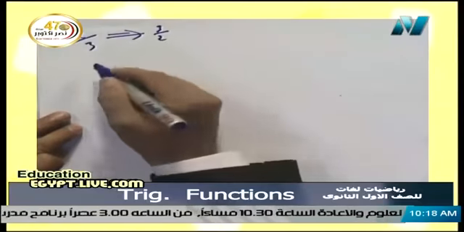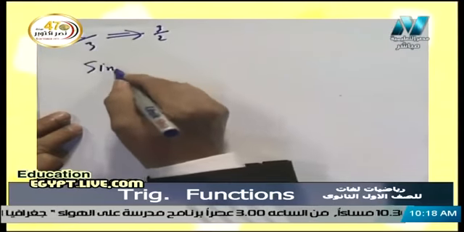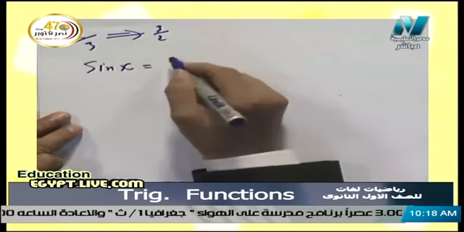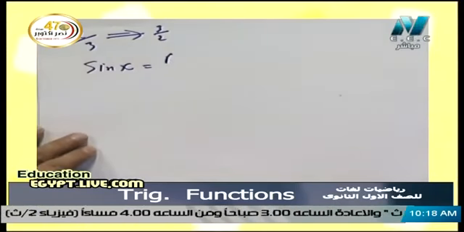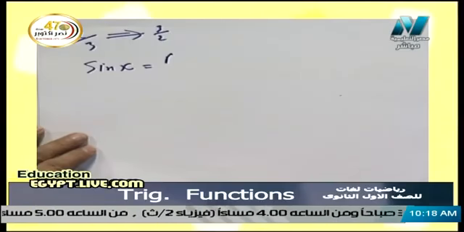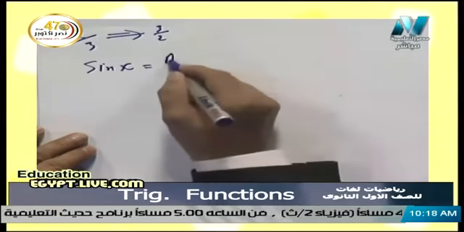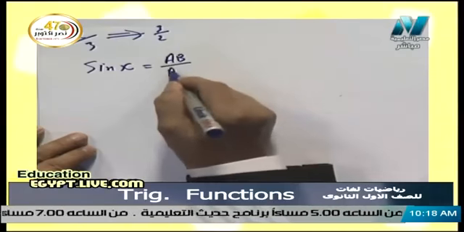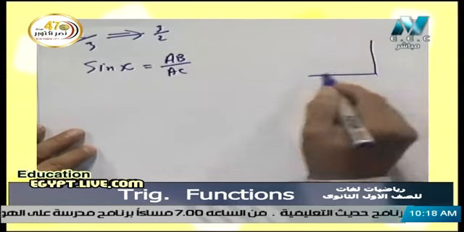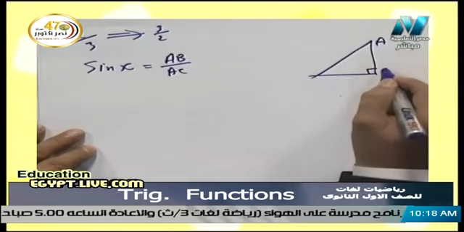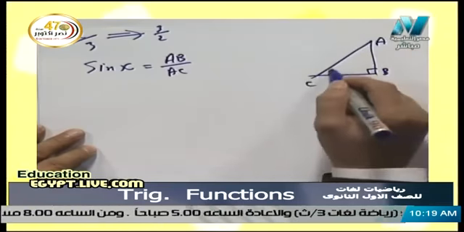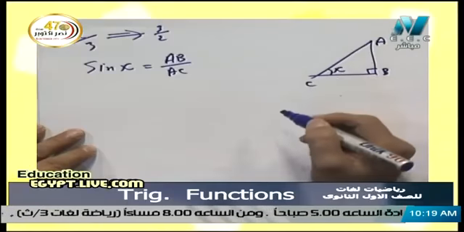So if we have sine x equals AB over AC in the right angle triangle ABC, and let's call this angle x.